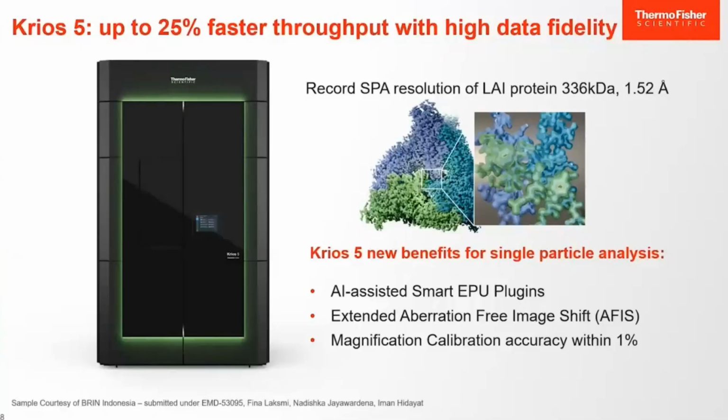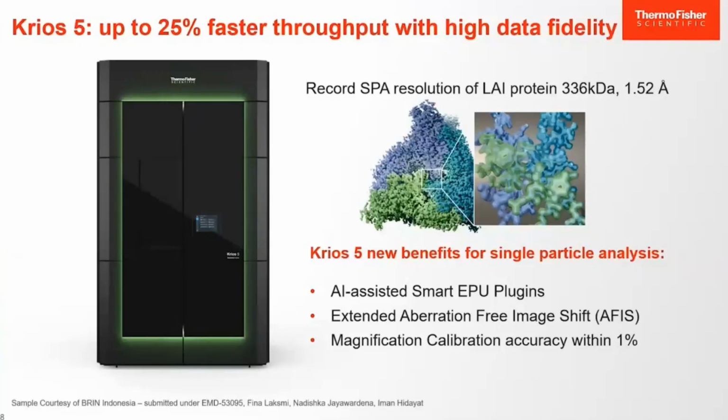I will talk a little bit about that in the next couple of slides. We have extended aberration-free image shifting, pushing the resolution further, and we have improved the basic integrity and accuracy of the instrument by improving the magnification calibration accuracy to within a 1% range.